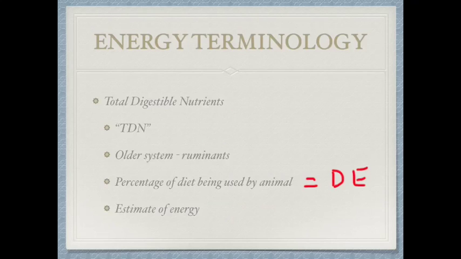So if you see a feed that is 70% TDN, that's saying about 70% of that feed is disappearing in the animal and is assumed to go to energy. Some of our high energy feeds, like the cereal grains, can contain 85 to 90% TDN. They're very highly digestible, and a lot of that can go to energy. This is an older system, but it still has value, and we will still do some ration formulation using the TDN system, because it's very practical and easy to understand.